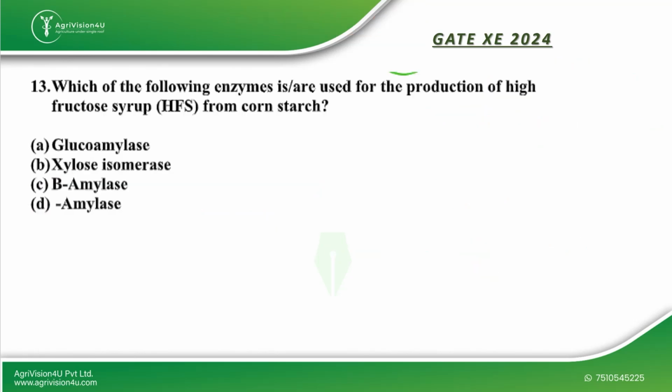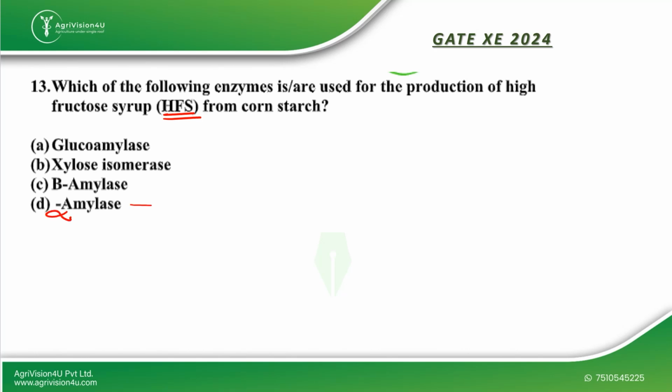Now question number 13. Which of the following enzymes are used for the production of high fructose syrup, that is HFS, from cornstarch? Options are glucoamylase, xylose isomerase, beta amylase or D, that is alpha amylase.